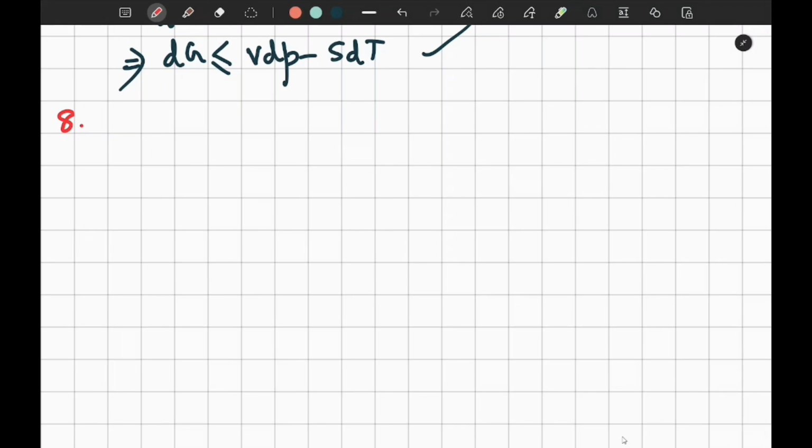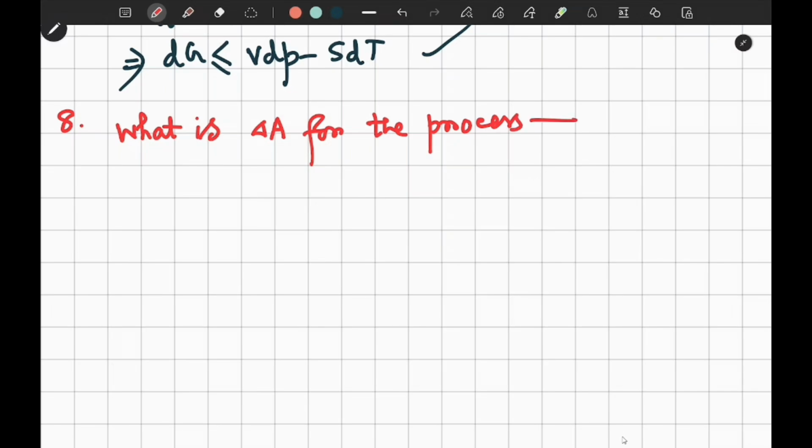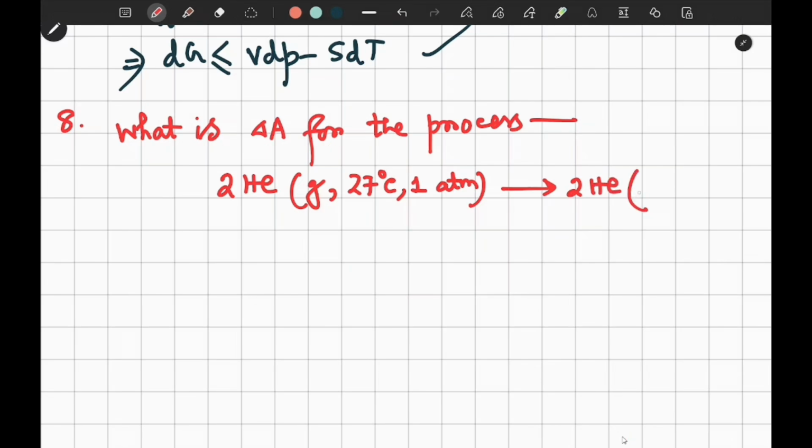What is delta A for the process? What is the process? 2 mole of helium against gas 5 atm.